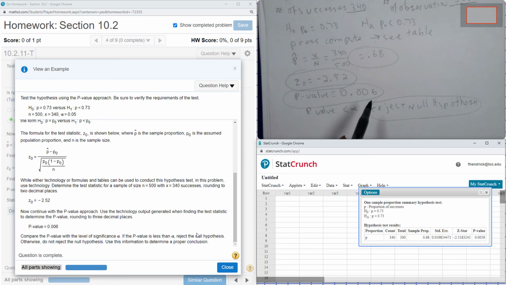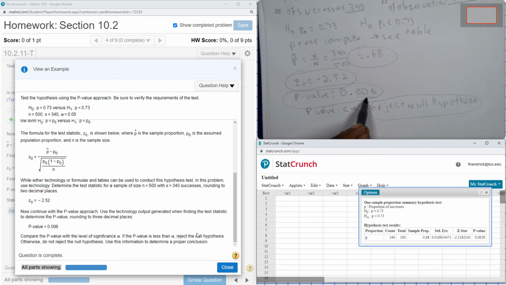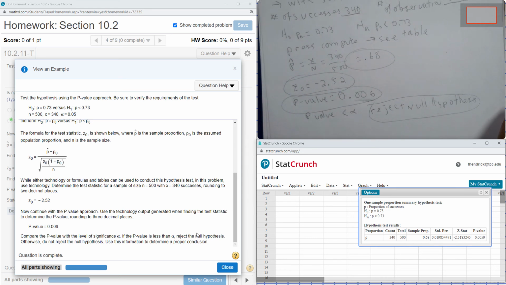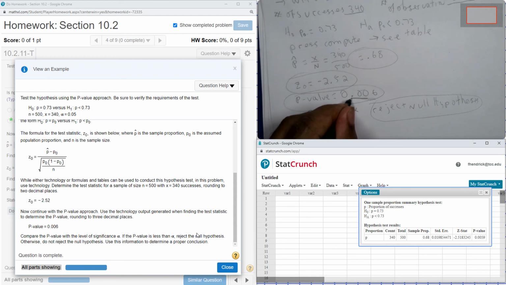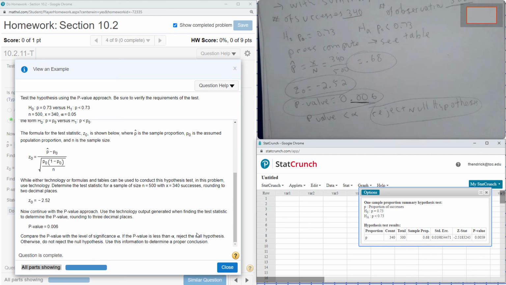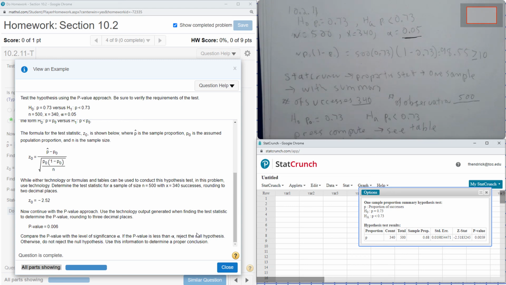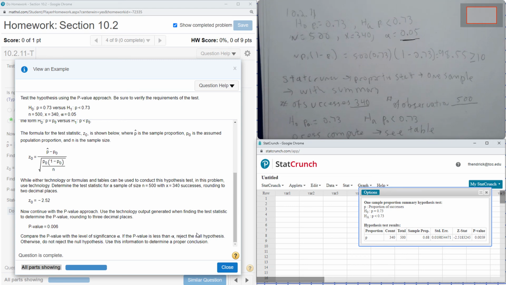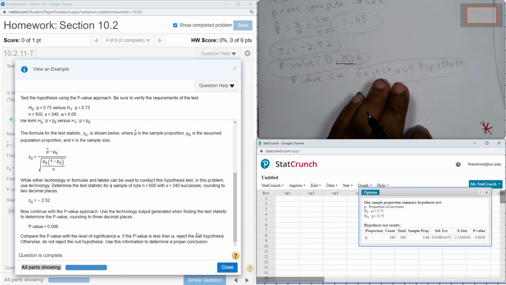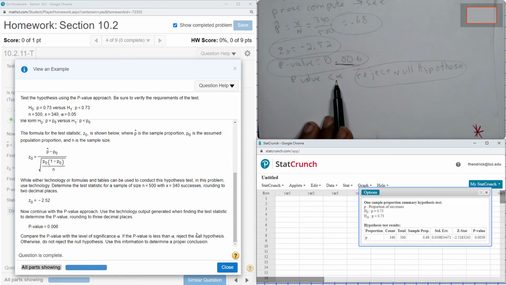So we can see the p-value here, 0.006, and the level of significance alpha is 0.05. The alpha is larger, which means that the p-value is smaller, so we end up rejecting the null hypothesis for this problem.